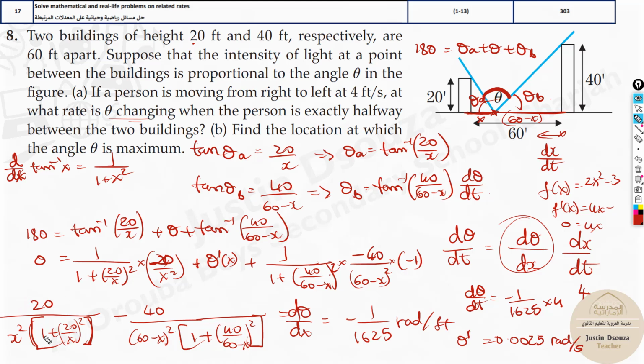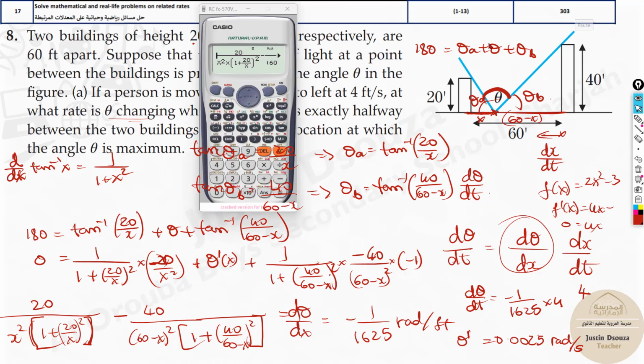You can, in fact, put this entire thing in the calculator and just shift and solve, you'll get the answer. So this is how we basically solve parts A and B. I've just typed this entire equation again as it is, and over here you can see it's the same, but equals 0.